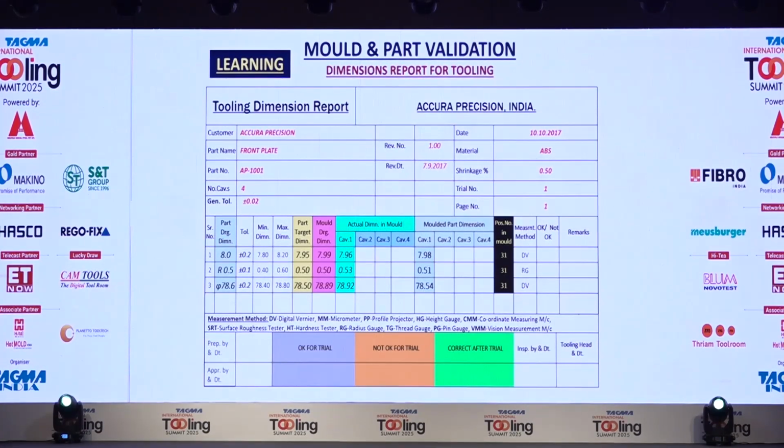In the previous presentation, he rightly said that if you want a molded part to be accurate, it has to start from the design input itself till the mold comes to the trial end. This shows in short; I have taken only 3 dimensions for demonstrating the activity.